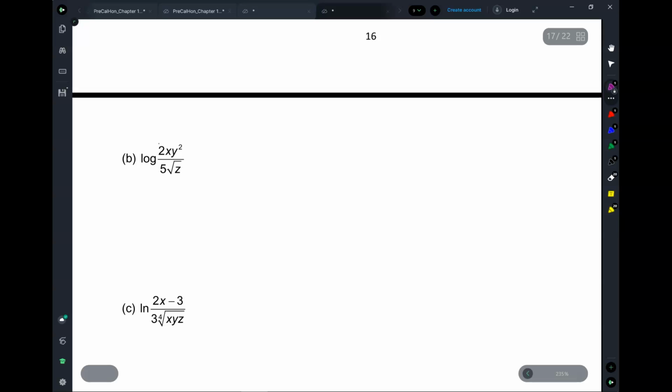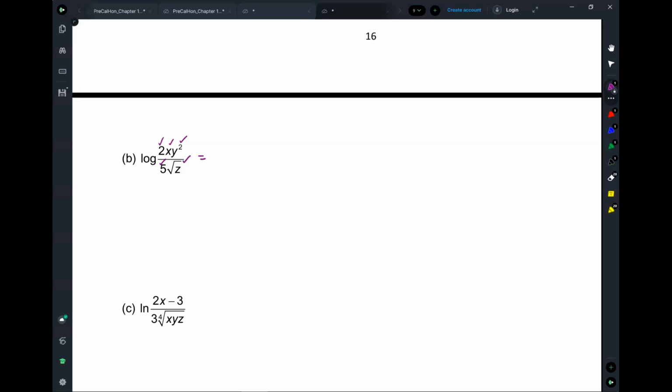Stop guessing. 5. 1, 2, 3, 4, 5. That counts as another one. And this is where most of the mistakes will come in, is the student will just lump the 5 root z together, but they're separate things. Okay, so now, we're going to end up with 5 logs.